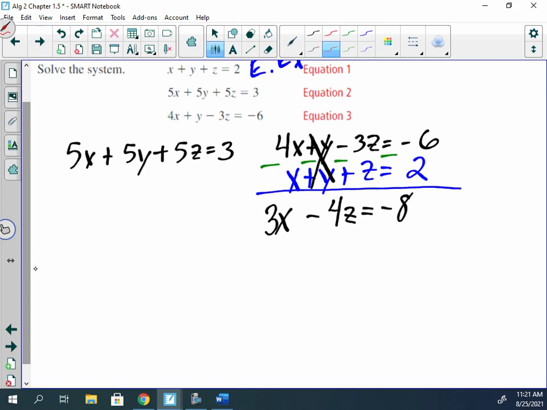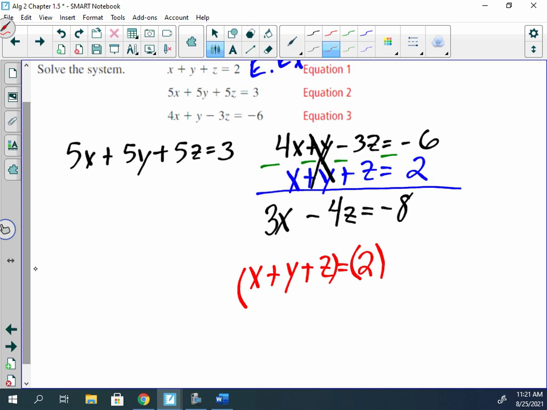Well, the other equation over here, we don't have 1y, we have 5y. So we're going to have to scale our eliminator equation. So we want to turn 1y into 5y. So what do I need to multiply our equation by? 5.